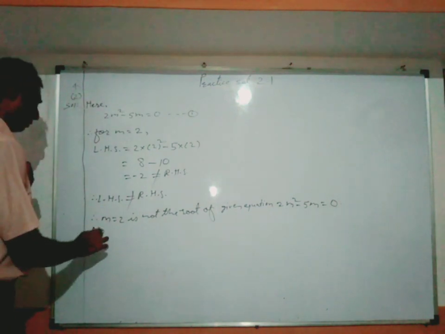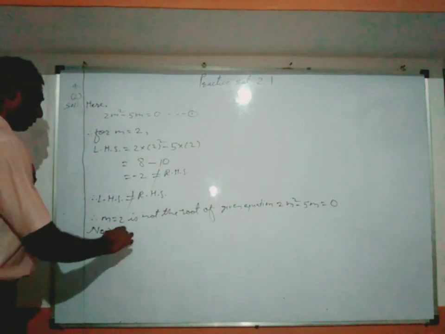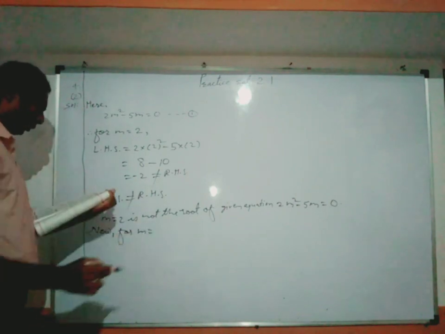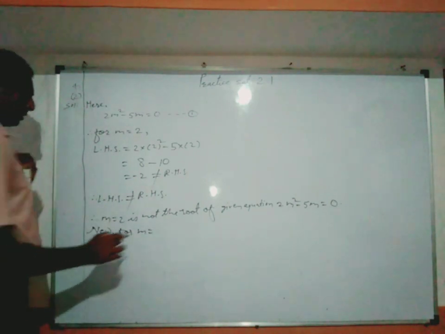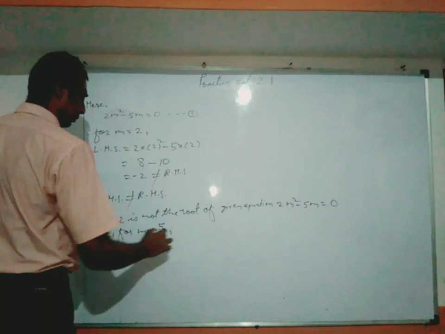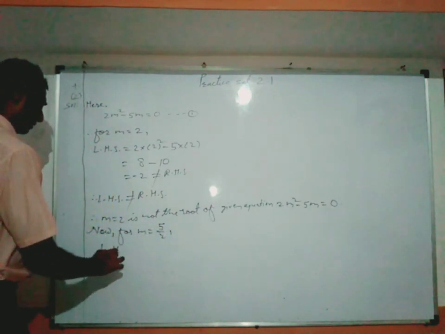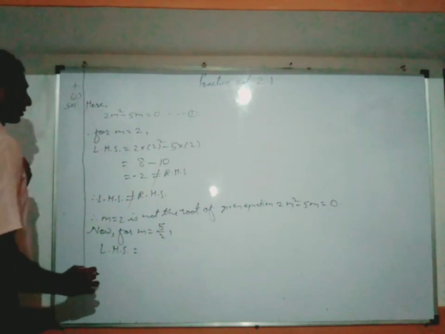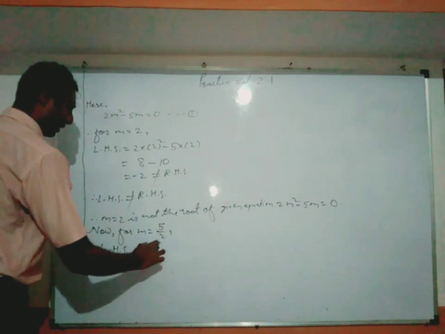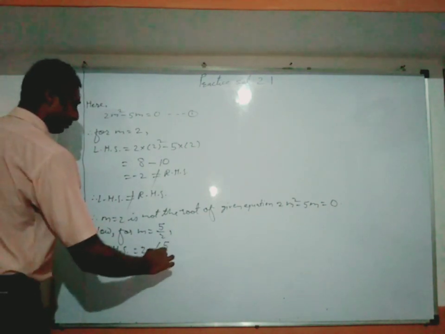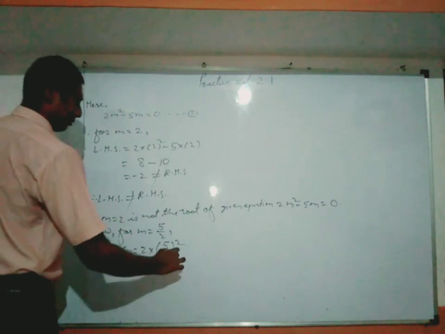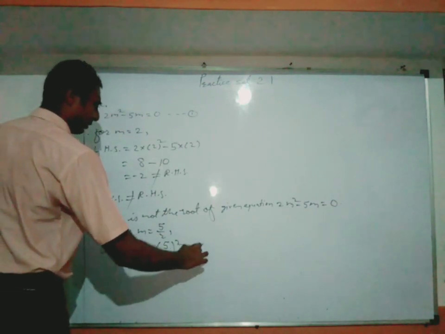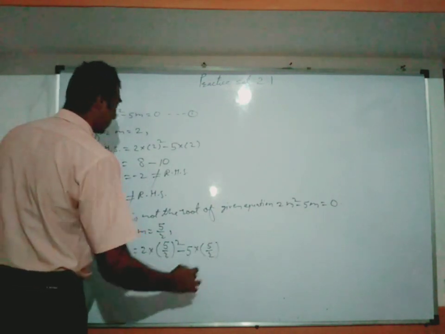Now, for m equal to the suggested value, which is 5 by 2, LHS equals 2m square, means 2 into (5 by 2) square, minus 5m, means minus 5 into 5 by 2.